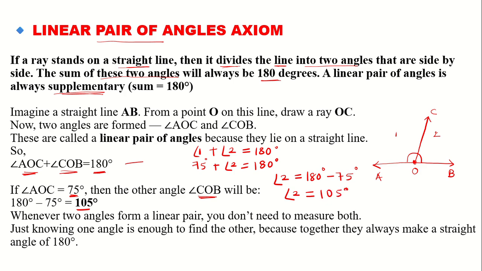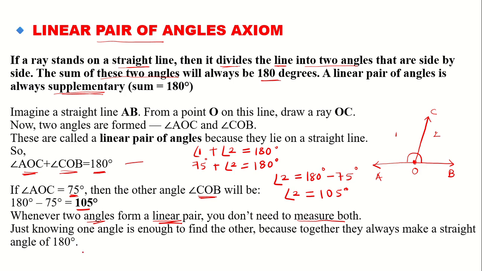So, the conclusion of this topic is whenever two angles form a linear pair, it is not necessary to measure both angles.